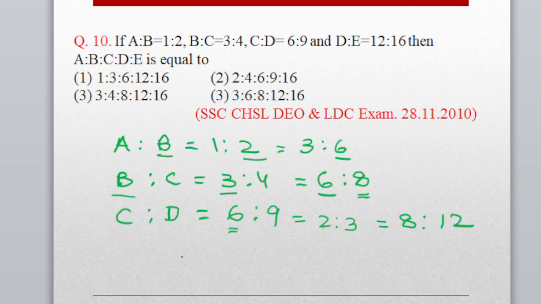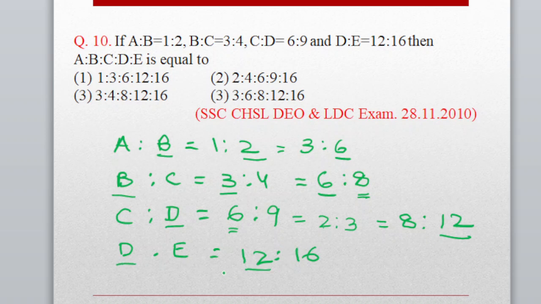Now D is to E, that is equal to 12 is to 16. Now here listen, here D is 12 and here D is 12. That means both are equal.